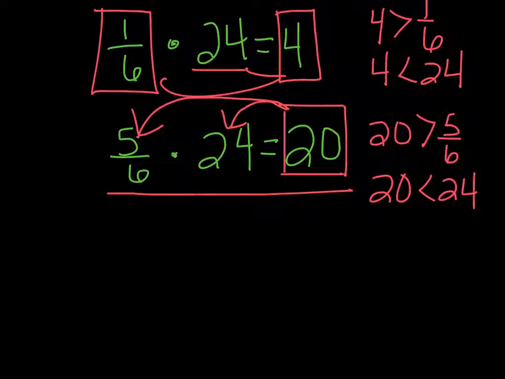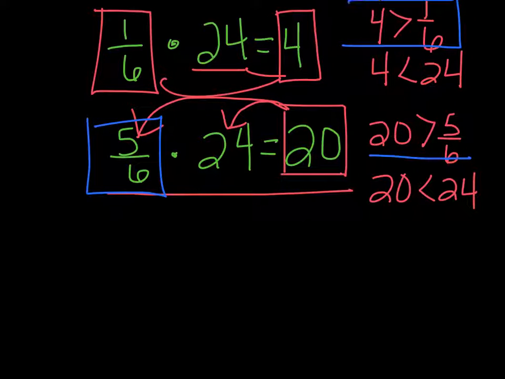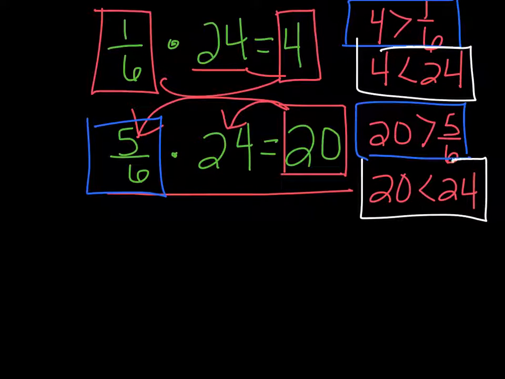So whether we are multiplying a unit fraction times a whole number or a non-unit fraction times a whole number, we have a very obvious rule: whenever you multiply by a fraction, the product will be greater than the fraction, but less than the whole number factor.